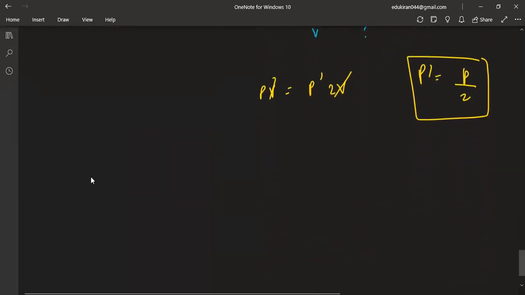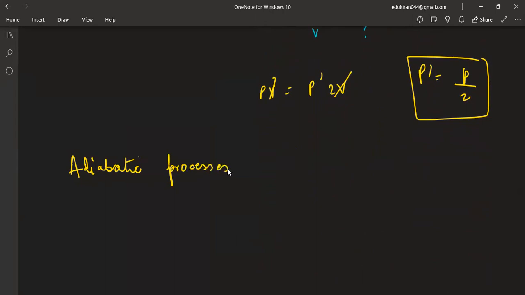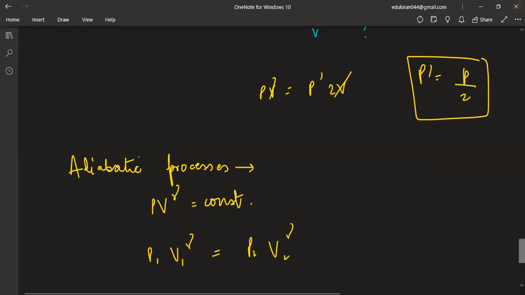Now see, for adiabatic processes, PV to the power gamma remains constant, right? So how do we write it? P1 V1 to the power gamma equal to P2 V2 to the power gamma.